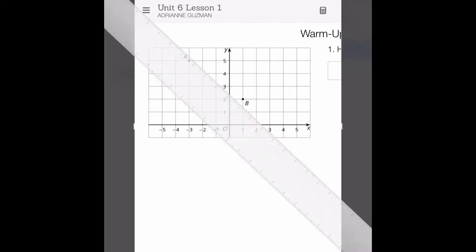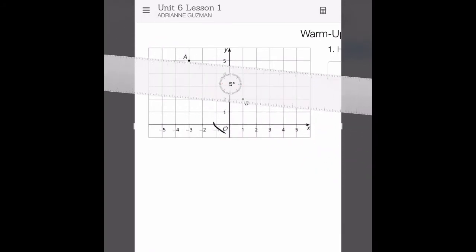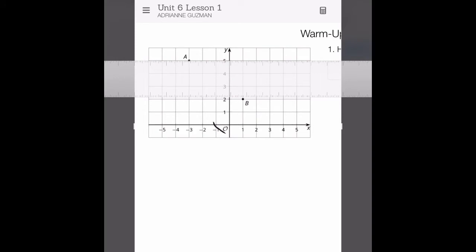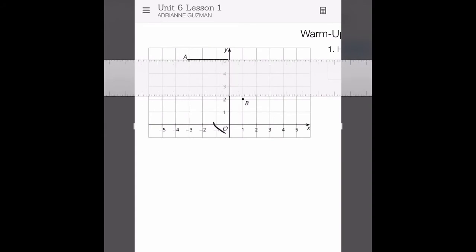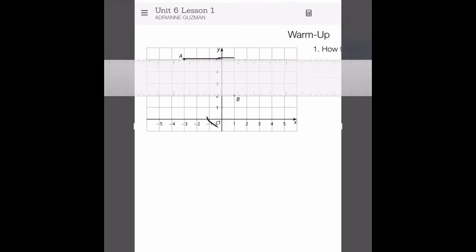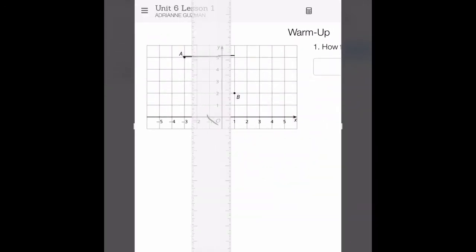I'm going to try to use this ruler. Now I will never draw a crooked line again. But if you see, oop, I didn't go far enough. Wow, maybe I will draw a crooked line. Well, that's fine. We get the idea here.